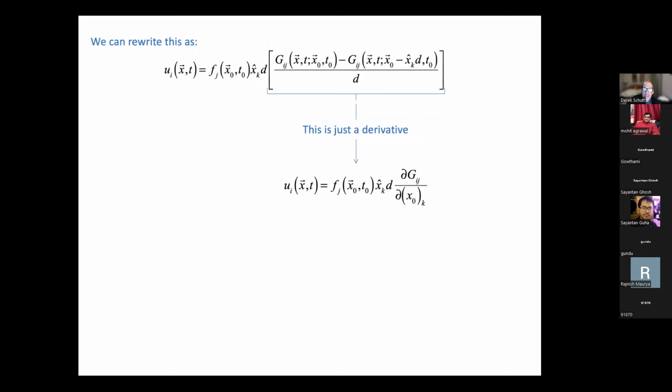We can rewrite this, and it turns out that this is just a derivative as d goes to 0, as x of k goes to 0. So we rewrite this as this.